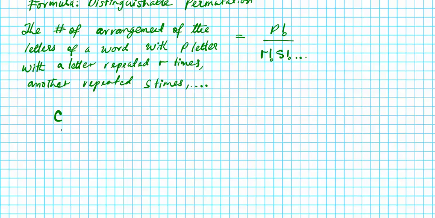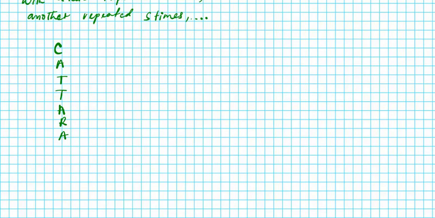So we have C-A-T-T-A-R-A-U-G-U-S. Okay, and I count the letters again just to make sure that it's 11. So 1, 2, 3, 4, 5, 6, 7, 8, 9, 10. Uh-oh, I have a problem here. I did not spell it correctly.